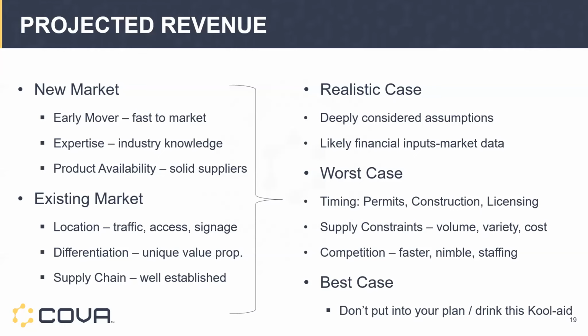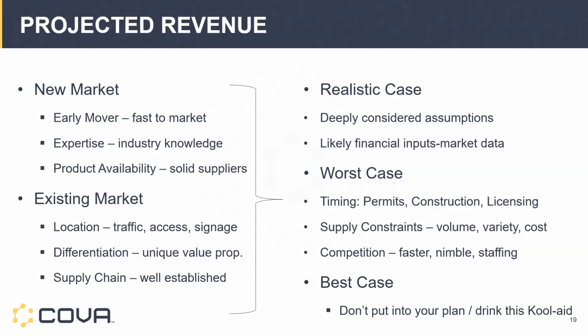Are you going to be the first one to market? Or do you come from another state, and in the place that you're now starting to open your business, you have an edge because you do know the market and the industry and how it works. The other thing is, are you all lined up with suppliers? That could be a huge competitive advantage and something to consider when you're building your business case.